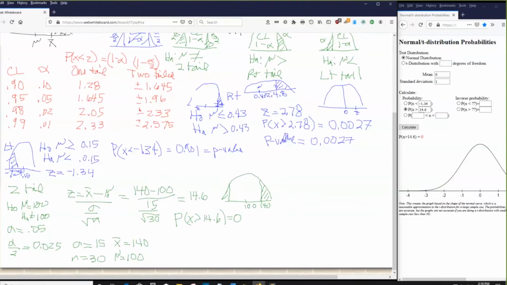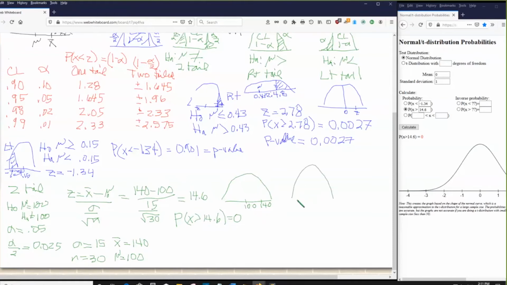We want to know what's the likelihood that it's not equal. So we have a population mean of 100, and our sample got 140, and we want to know the probability that the mean is not going to be 100.